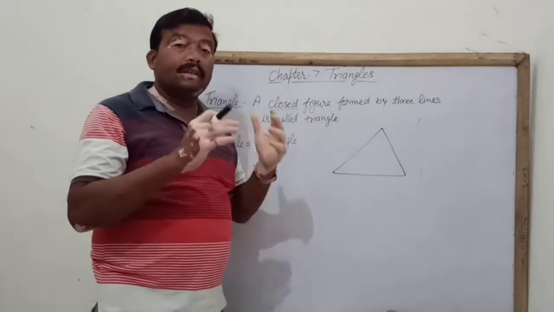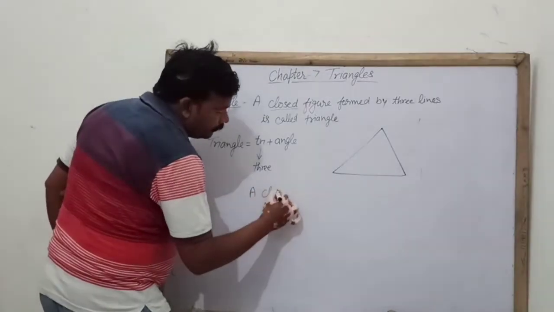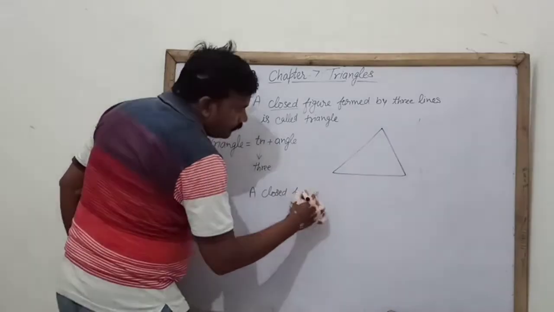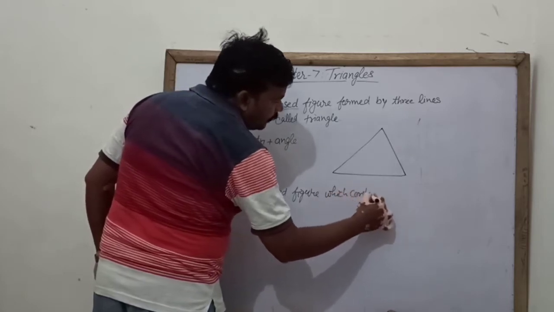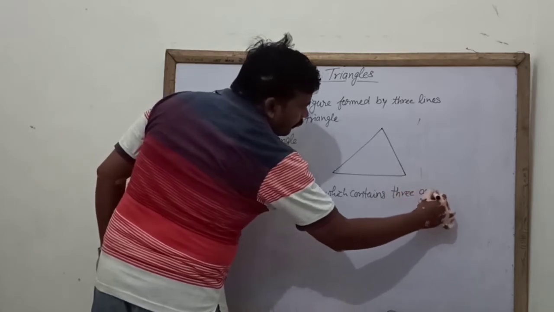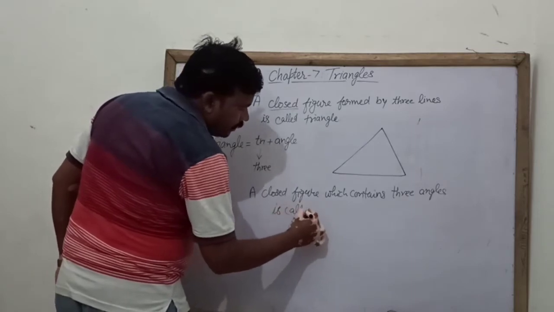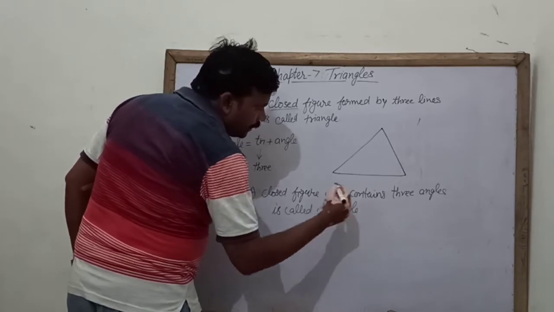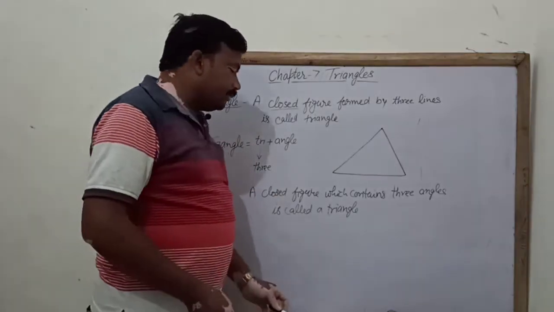Its second definition may be: a closed figure which contains three angles is called a triangle. So these are two definitions.